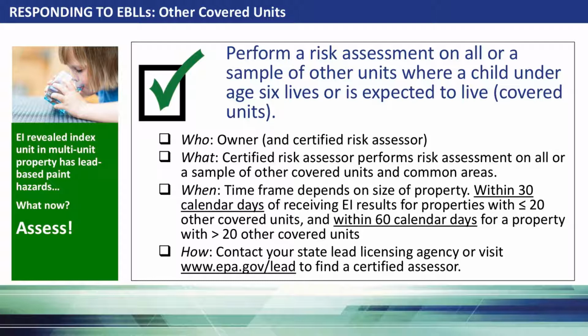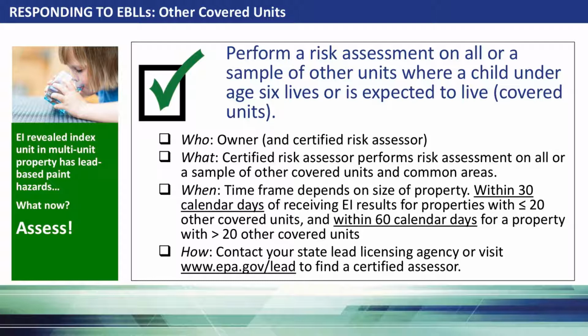For properties with up to 20 other covered units, risk assessments must be conducted within 30 calendar days of receiving the environmental investigation results. For properties with more than 20 other covered units, risk assessments must be conducted within 60 calendar days of receiving the environmental investigation results.